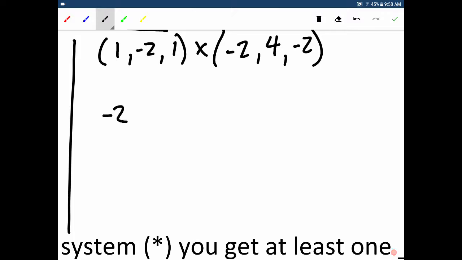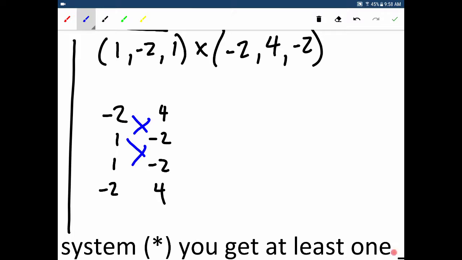When you line them up like this, you can see that they're collinear pretty easily. -2 times -2 is +4 minus 1 times 4, so it's 0.